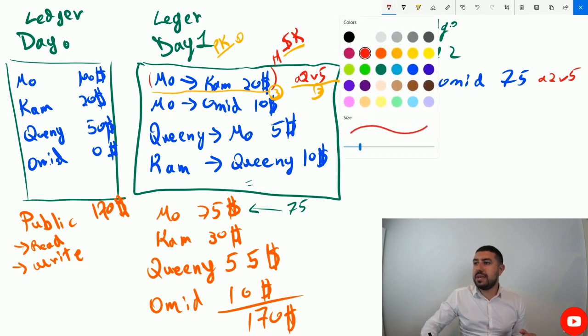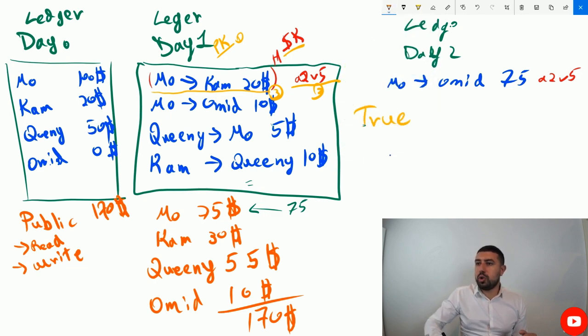Why? Because this signature also used the transaction, and this transaction is different than this transaction, right? And since they are different, when he puts it in the validation function, the hash of this is going to be different than the hash of that.